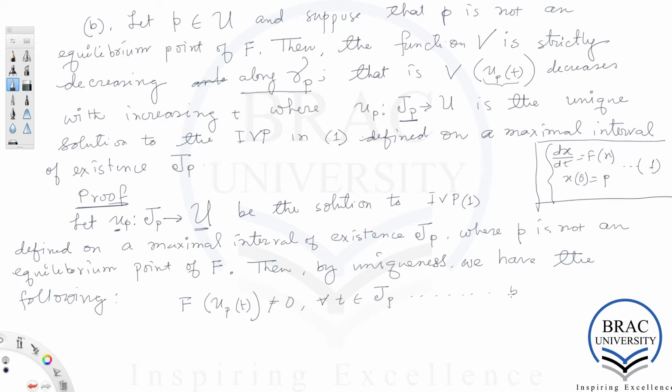This is equation number 5. Why? Because if it were 0, you see that this is the IVP that we are considering, and we know that up of t solves this system, right?